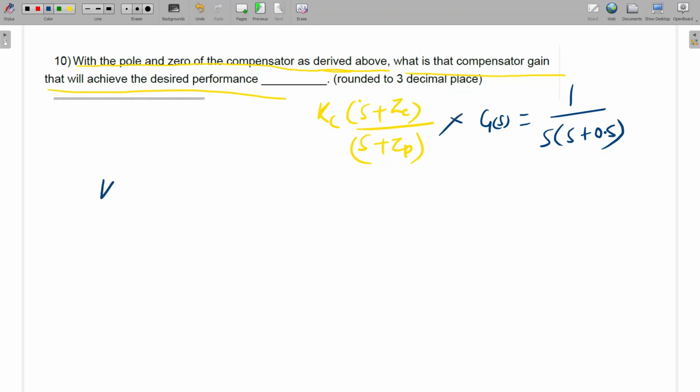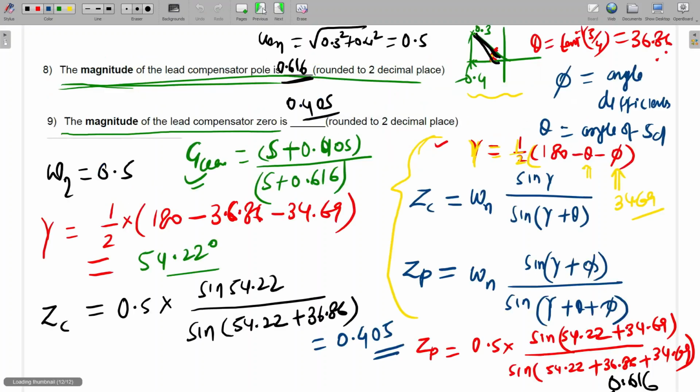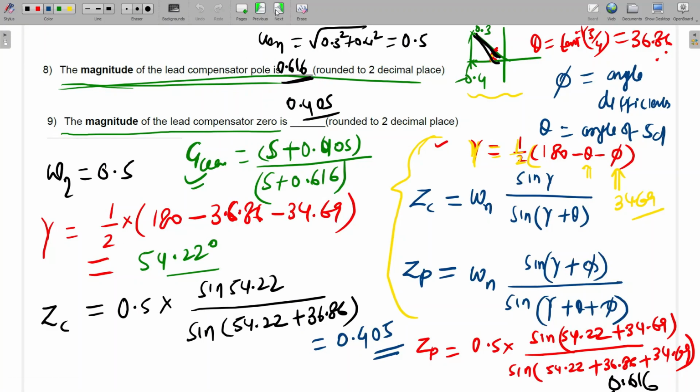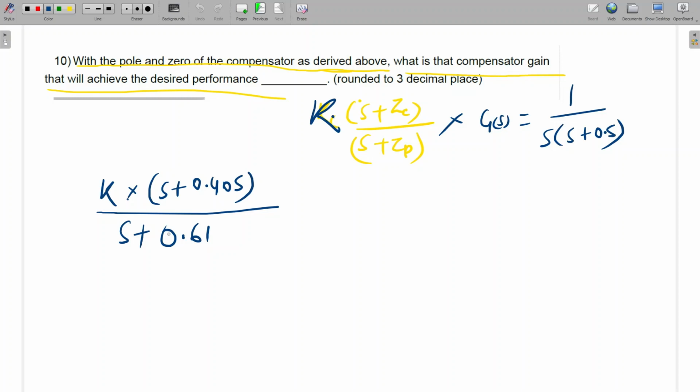Let's say this is K, the compensator gain, into S plus ZC, which is S plus 0.405, divided by S plus ZP, S plus 0.616.